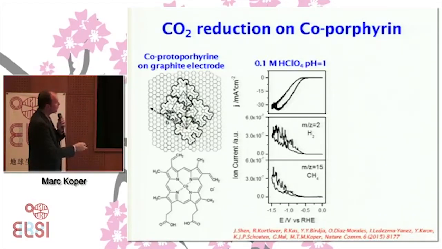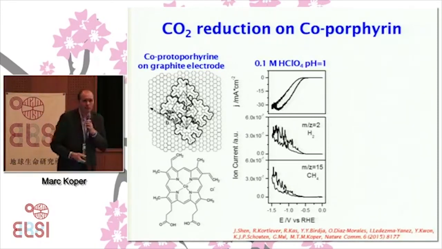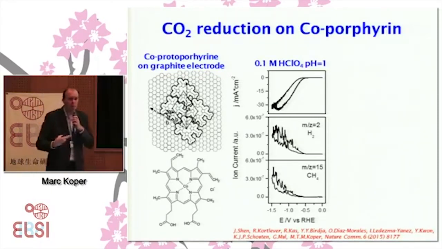The selectivity, however, is not heartwarming. This is about 1%, and 99% is hydrogen, because all this is taking place in water, and water is also reduced by this catalyst to form hydrogen. But the interesting thing here is that this reaction is extremely sensitive to pH.